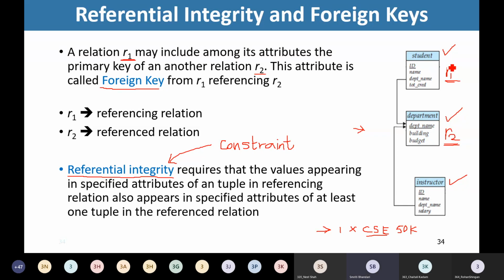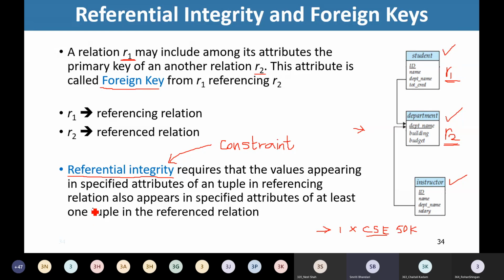So, referential integrity requires that the values appearing in specified attributes of a tuple in the referencing relation also appear in specified attributes of at least one tuple in the referenced relation.